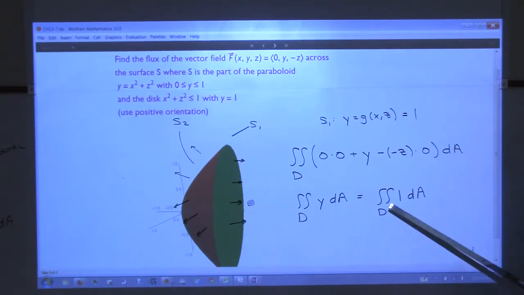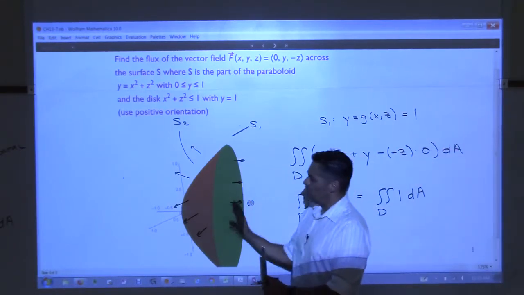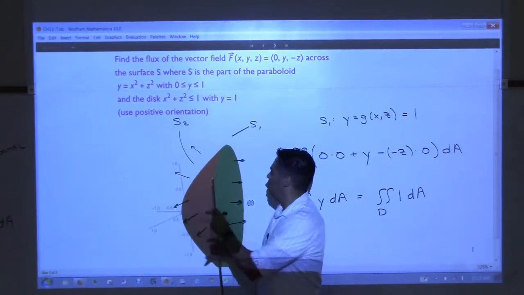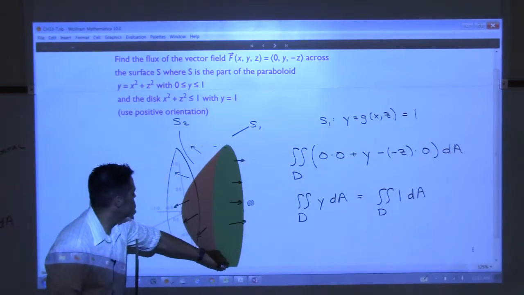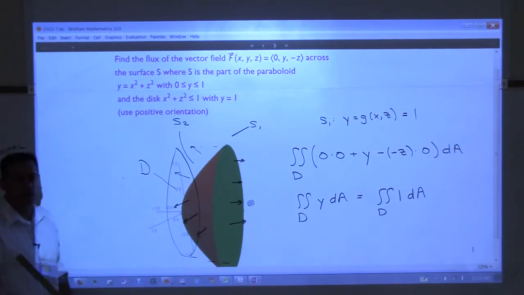So when we're talking about the area, we know that's the area because we've talked about it for a long time, but it's the area of D, and D is the projection of this surface onto the xz plane, right? Which would be a circle back here. Understand? That's our D. And so it's the area of that circle.